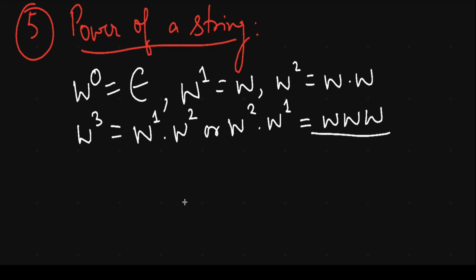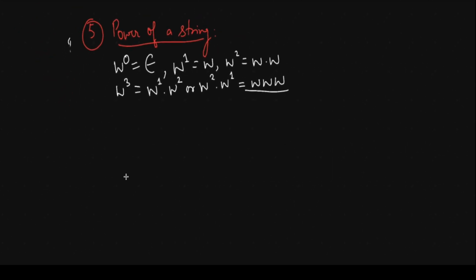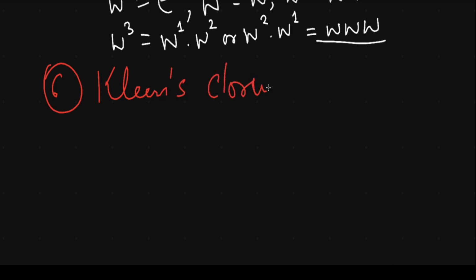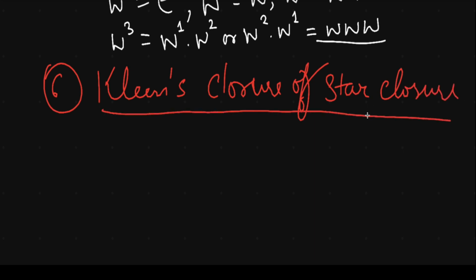Okay, now moving further, we will talk about our next operation, that is Kleene closure, or star closure, and it is denoted by sigma power of star.